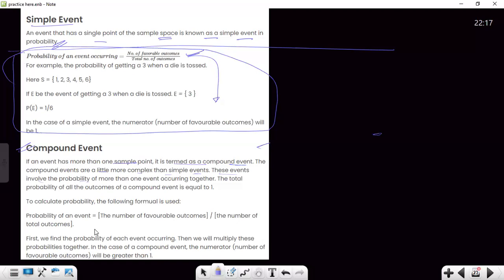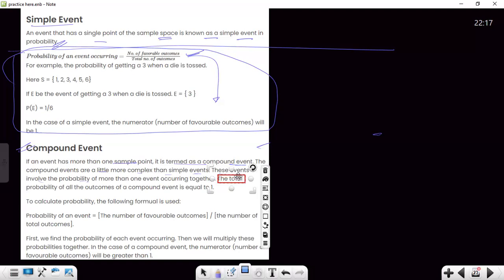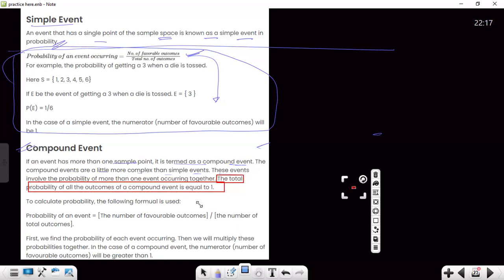The total probability of all the outcomes of a compound event is equal to 1. This is very important. This is really important.